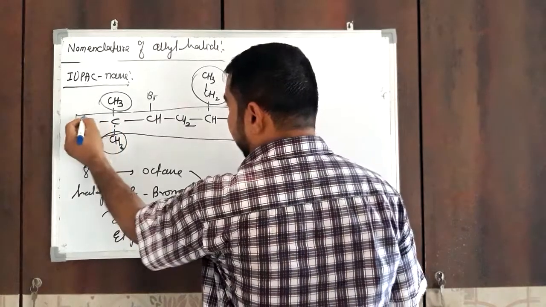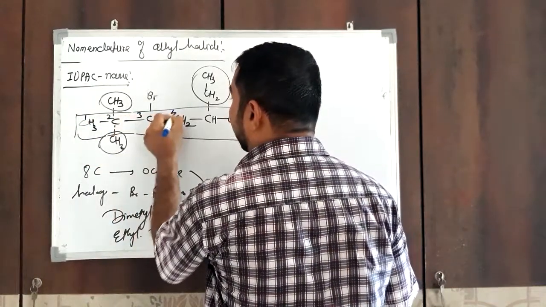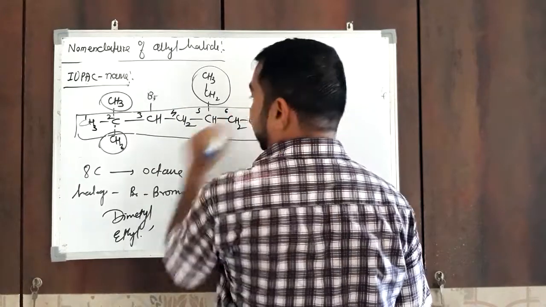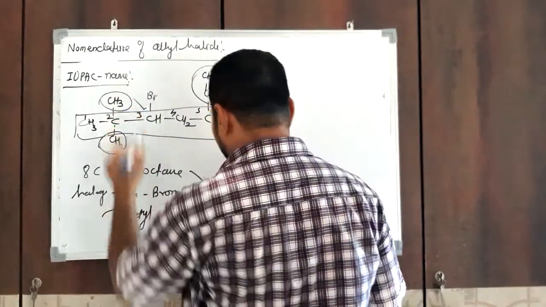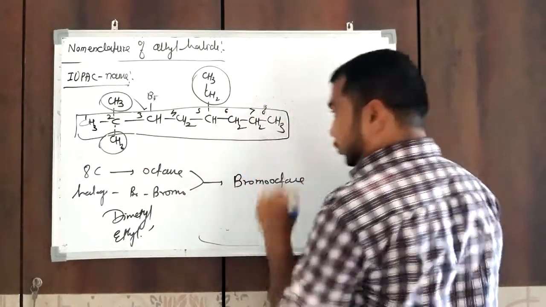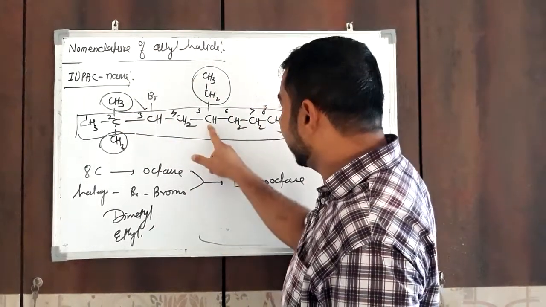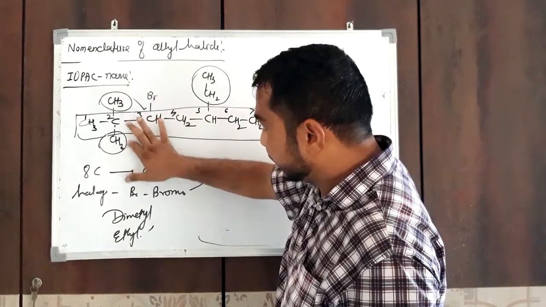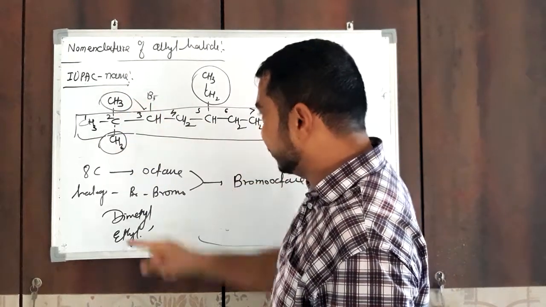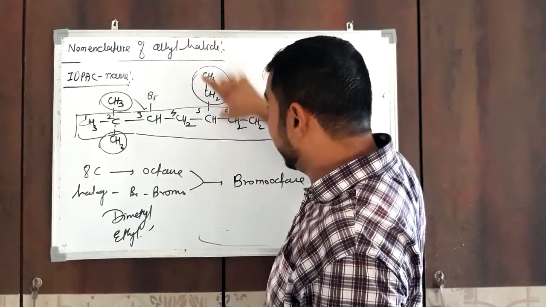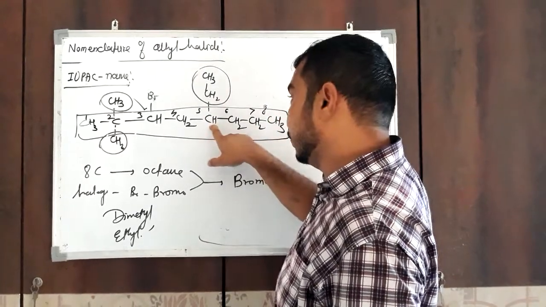Give numbering 1 to 8. The bromine atom is attached to carbon number 3, so 3-bromo. The 2 methyl groups are attached to carbon number 2, therefore 2,2-dimethyl, and the ethyl group is attached to carbon number 5.